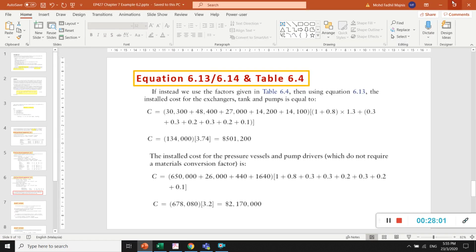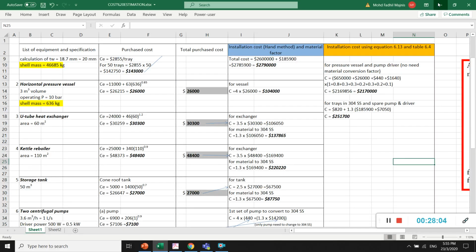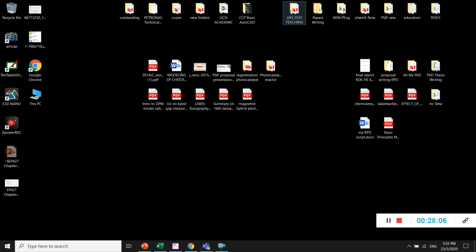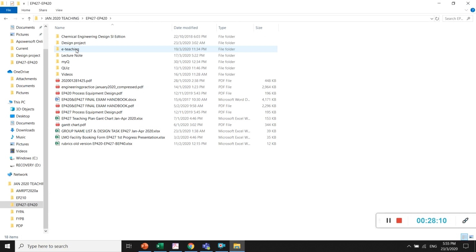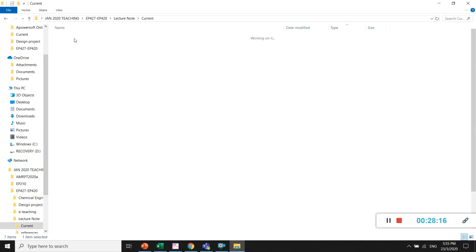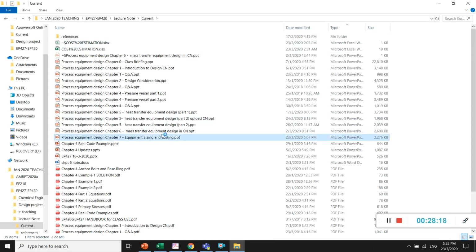Let's open this slide, the previous slide. I need to check where the equations are. It takes time to open the file.